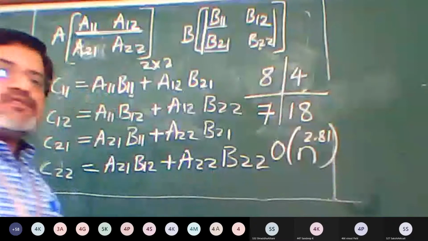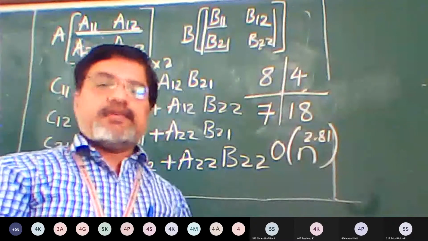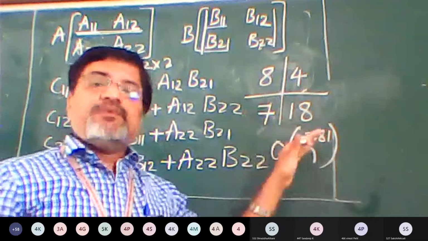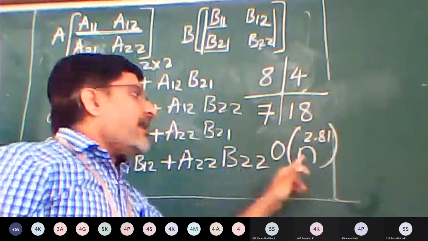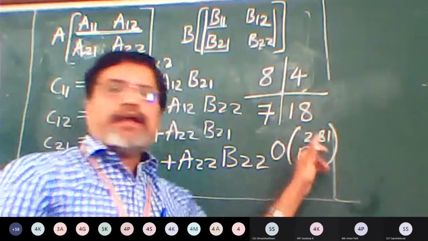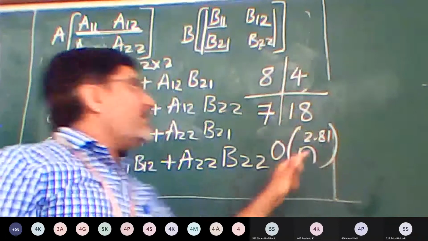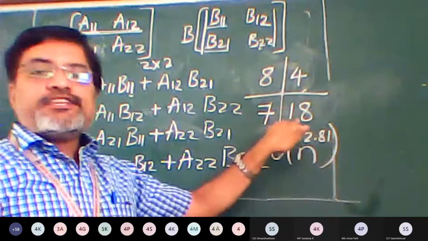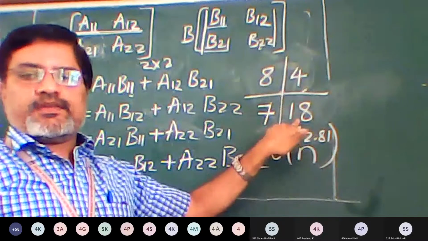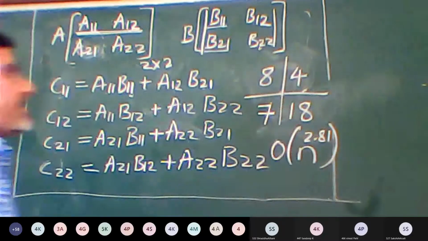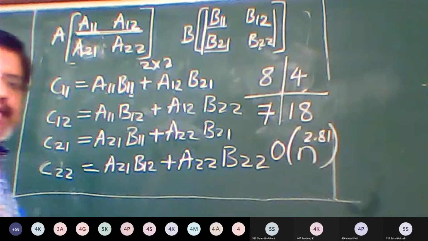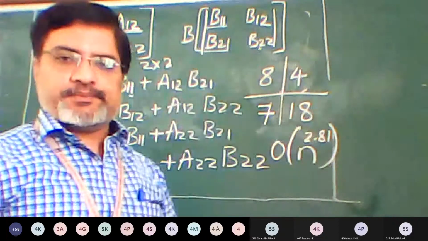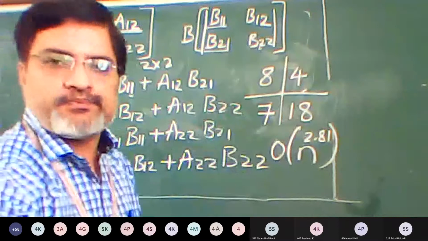But if we make use of divide and conquer, then according to Strassen's method, we can reduce the time complexity to n raised to 2.8, which requires 7 multiplications and 18 additions or subtractions. Now the question is, how can we apply the divide and conquer method to matrix multiplication? Let us understand that part also.